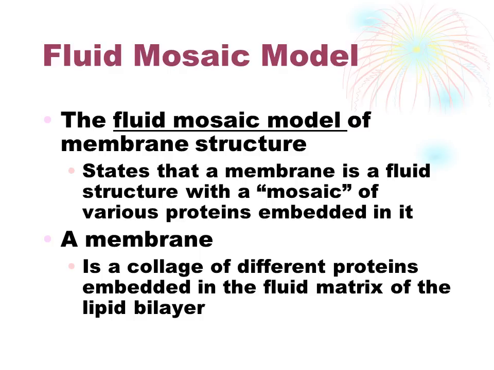So far, we've only talked about the phospholipids that exist within our plasma membrane. While they compose the majority of our membrane, there are also different types of proteins that exist within and on top of it. They call this whole complex the fluid mosaic model: a collage of different proteins embedded in the fluid matrix of the lipid bilayer.